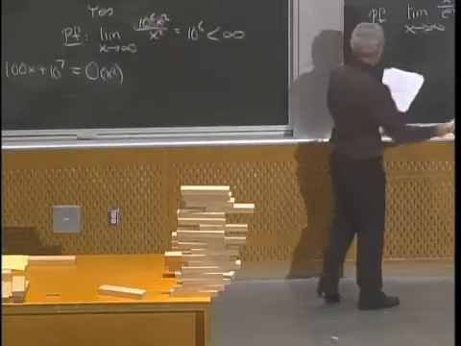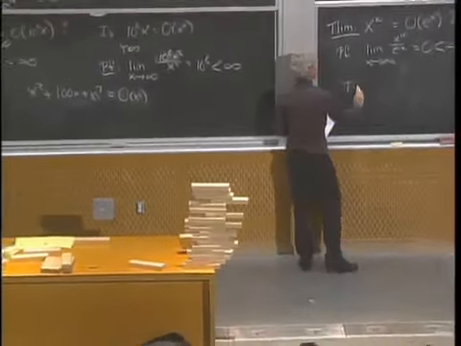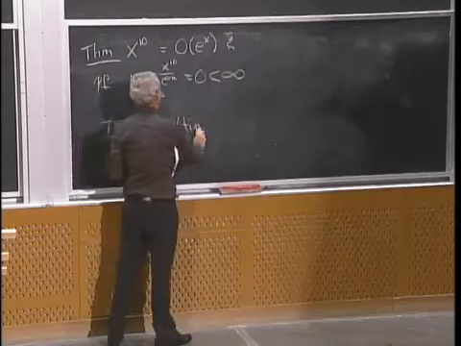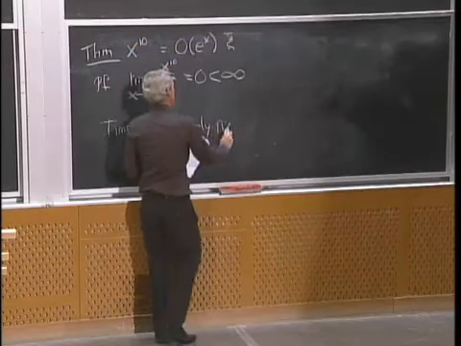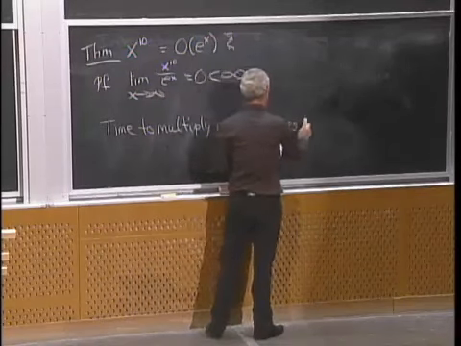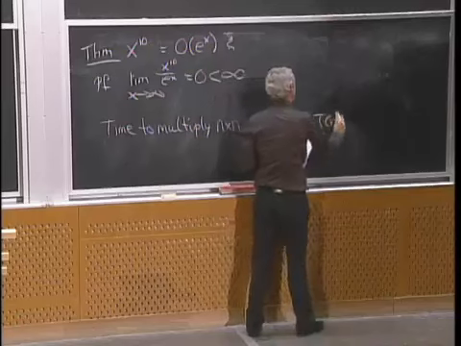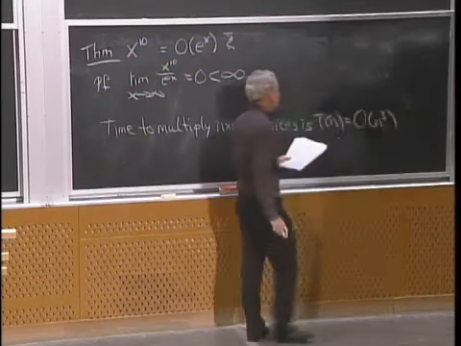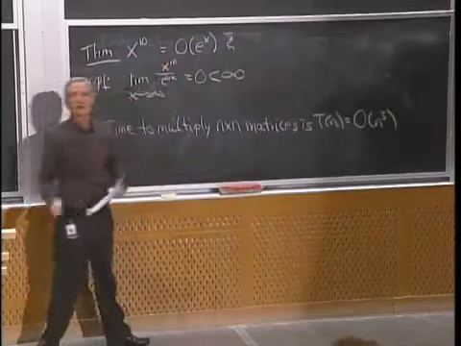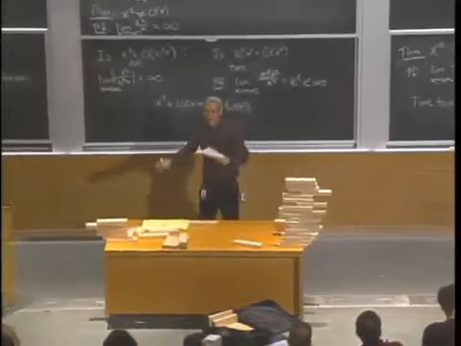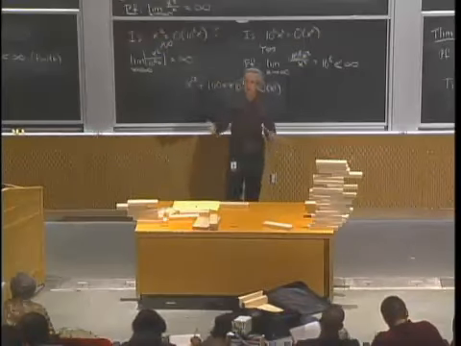And so you might write things like the time to multiply n by n matrices, you might call that T of n, and then state that is O of n cubed. All right? And you don't have to worry about what computer it's running on, exactly how you're counting the details of what a step is or what time is.